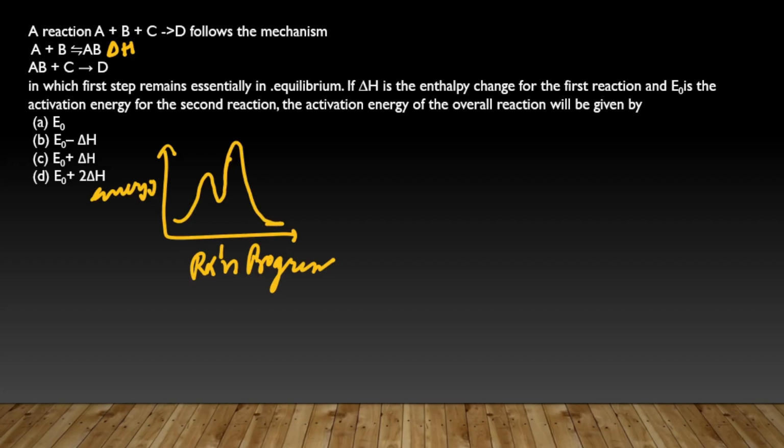So initially, having the reactants A plus B, they form AB, and this AB combines with C and forms the product which is my D.